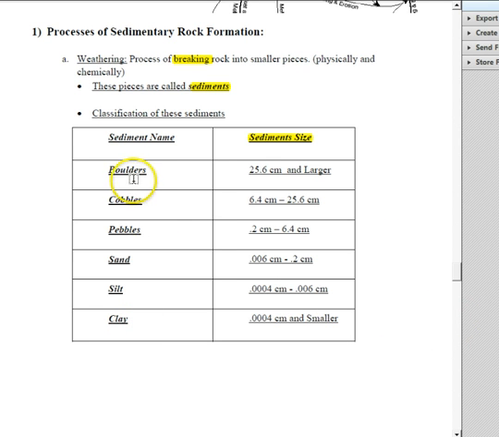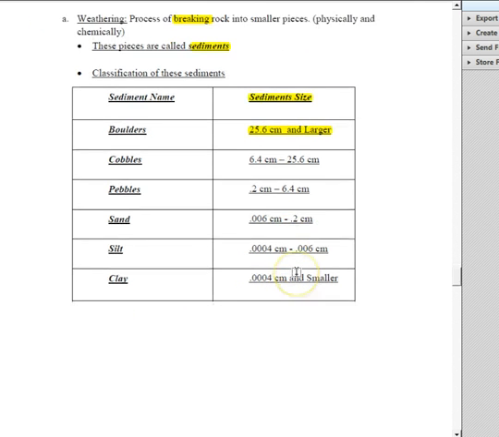So if you were to call a certain sediment a boulder, it would have to be 25.6 centimeters or larger. Cobbles would be 6.4 centimeters to 25.6 centimeters. Pebbles would be smaller, and then obviously sand, silt, and clay. Clay is the smallest of all the sizes of our sediments.